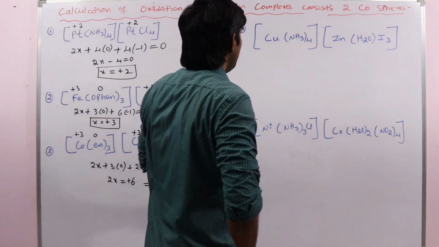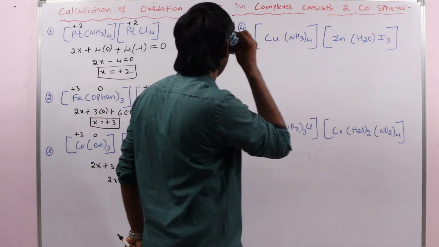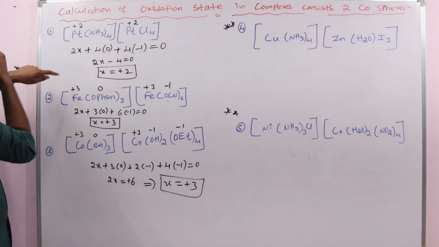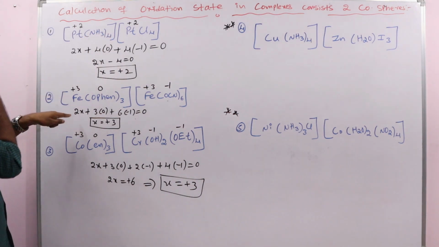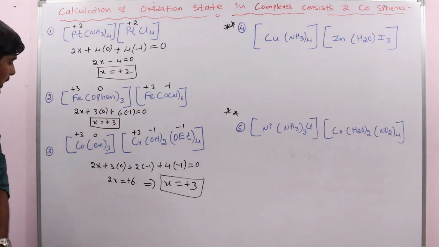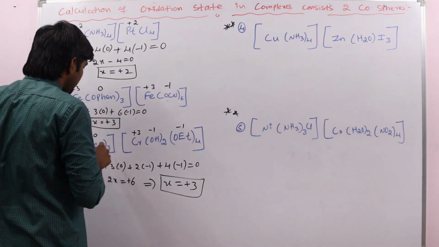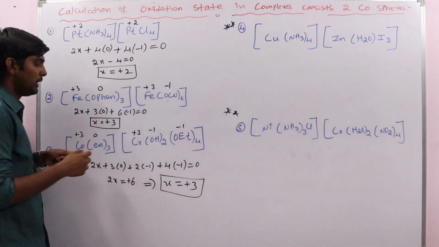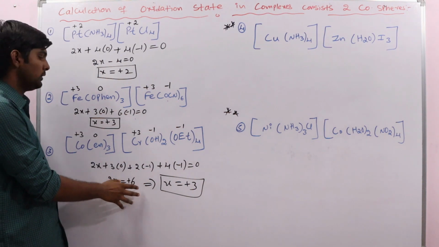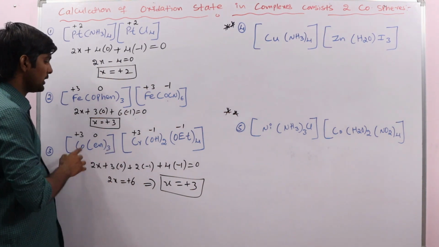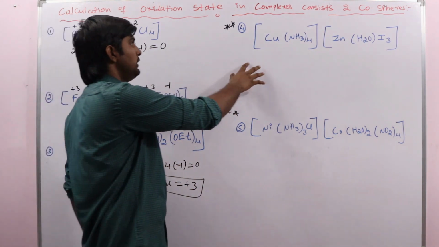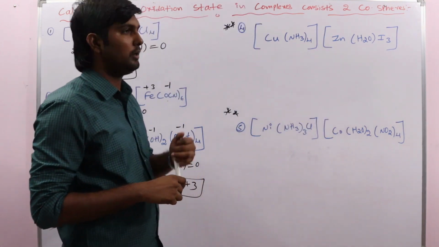In these two examples both coordination spheres consist of the same metal, but here the two coordination spheres consist of two different metals. In the earlier ones we had an even number, so both have the same oxidation state. But this is special, we have two different metals.